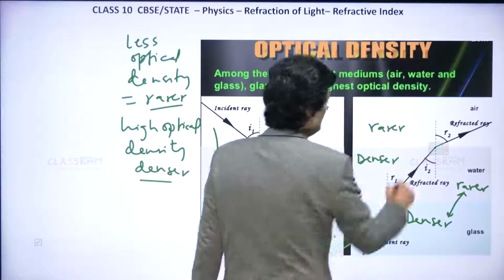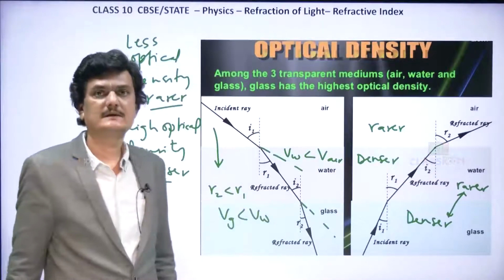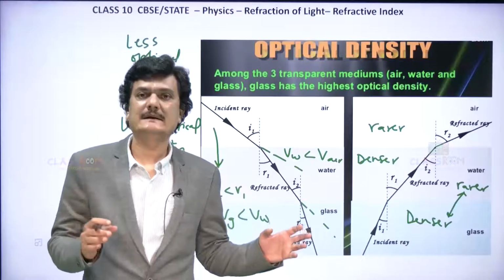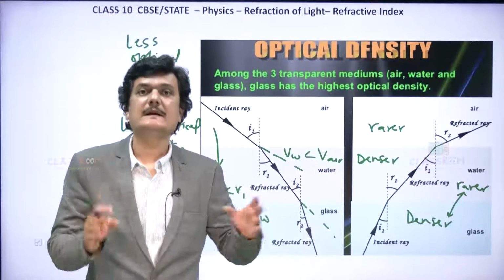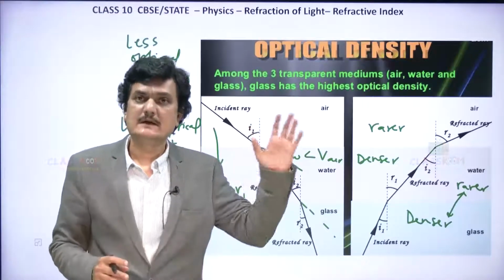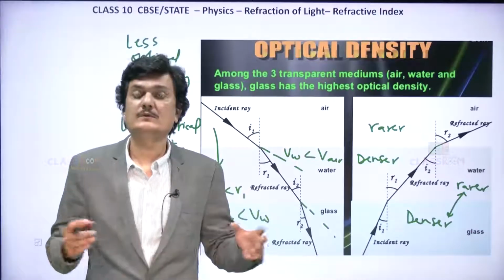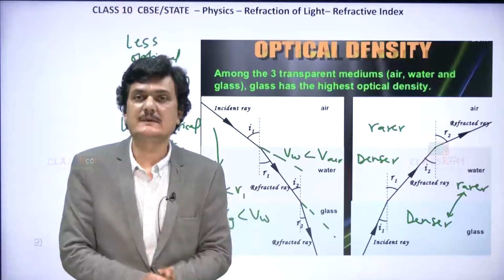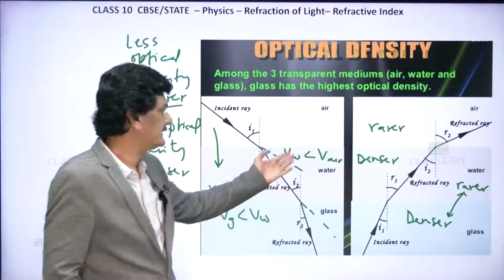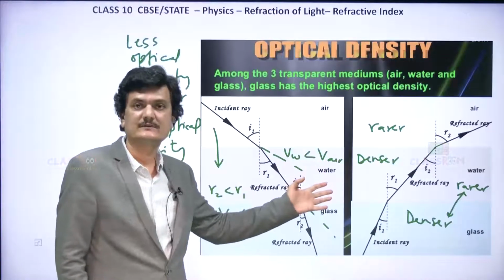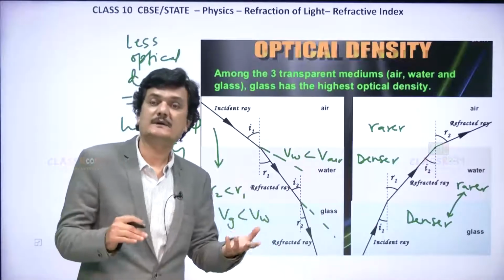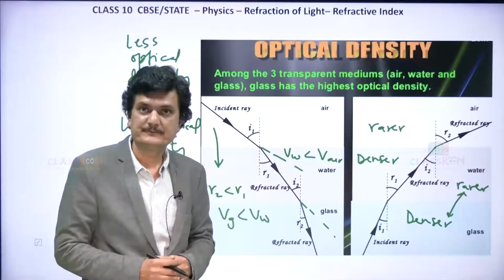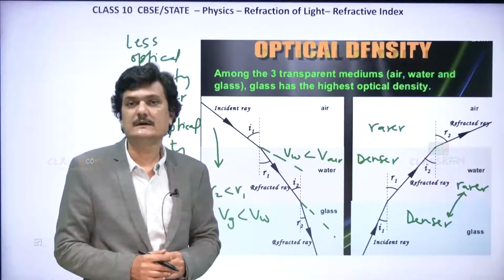So it also means that one medium can be optically denser than another medium and optically rarer than some other medium. So it will cause lots of confusion. How to say which is optically denser? Water is denser than air and glass is denser than water. Then something might be even denser than glass, and at that time it will create lots of confusion.